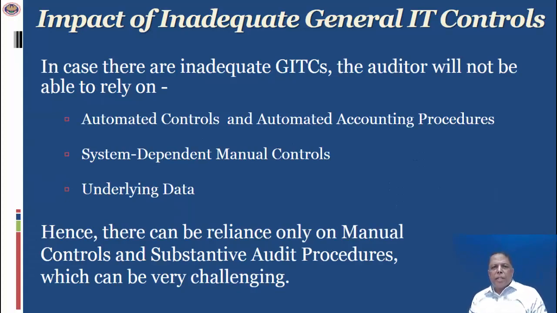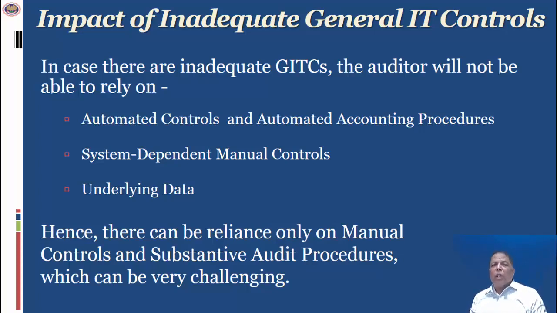So, at the first layer, we would end up assessing general IT controls. And if general IT controls are found significantly deficient or inadequate, it means that the auditor will not be able to rely on automated controls, automated accounting procedures, system-dependent manual controls, or the underlying data, because there is no control over what changes could have happened from the backend.